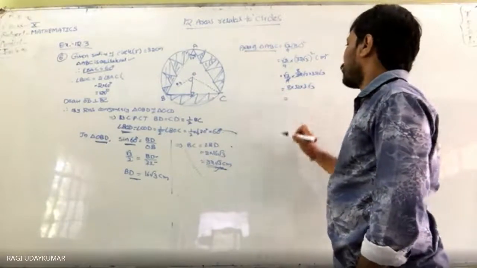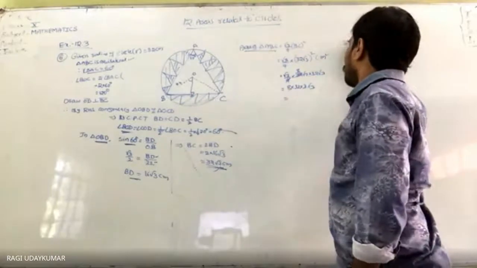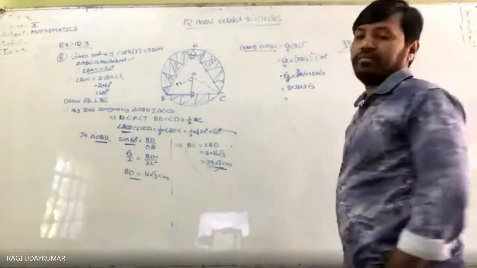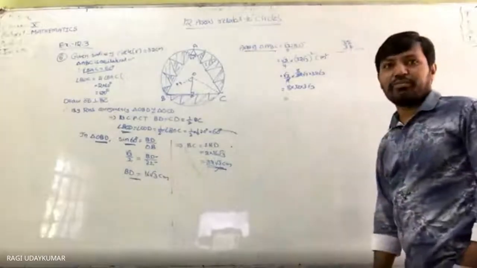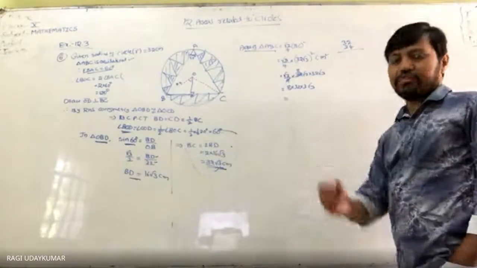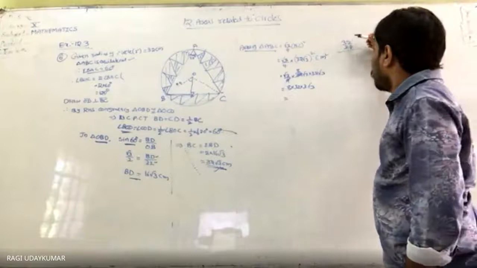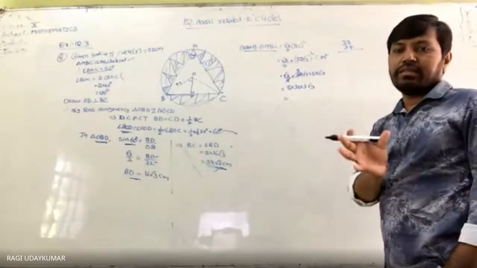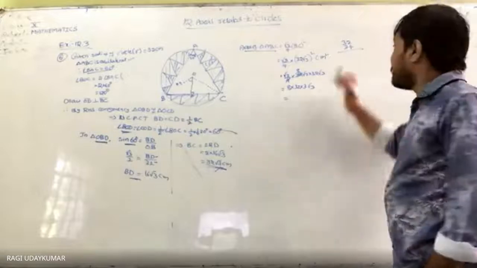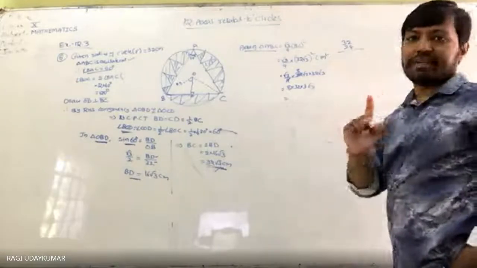Just multiplication. 32 into 24. 8 into 3 is 24. Two-digit multiplication, direct method. You know? I will explain it to you. See here, when you multiply two digits with two digits, it's a Vedic maths method. Easy multiplication, you can do it in one step.